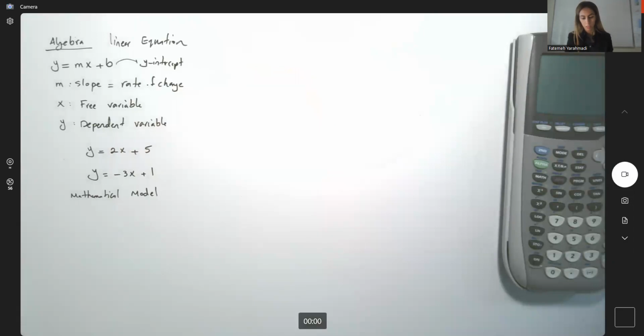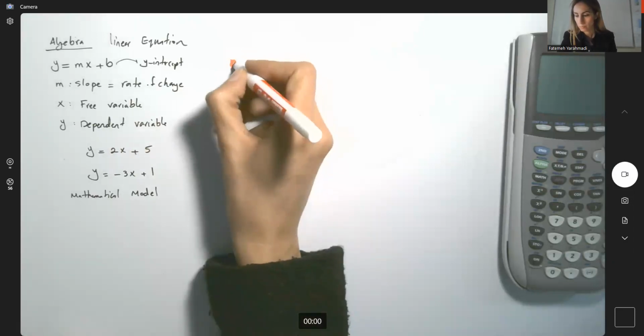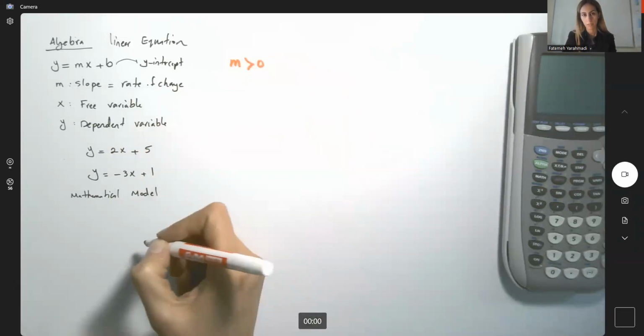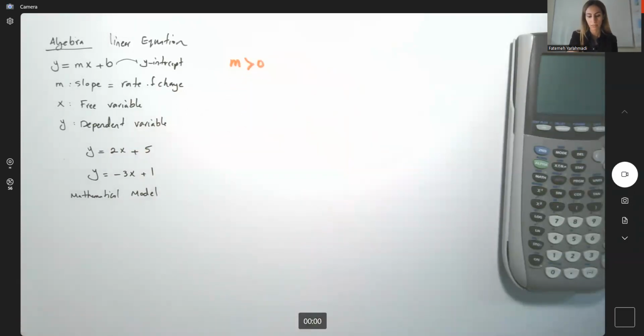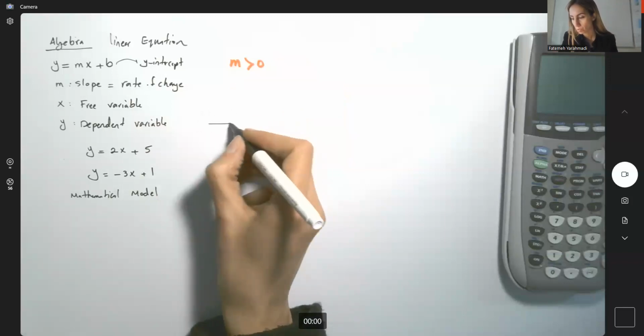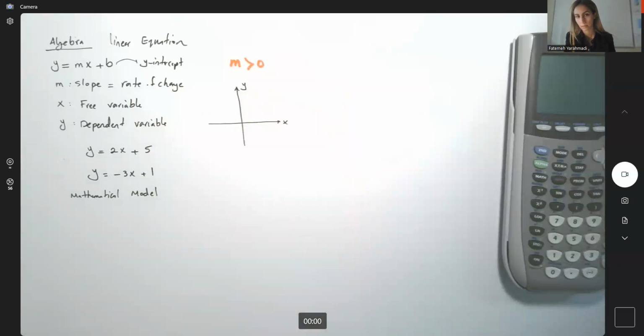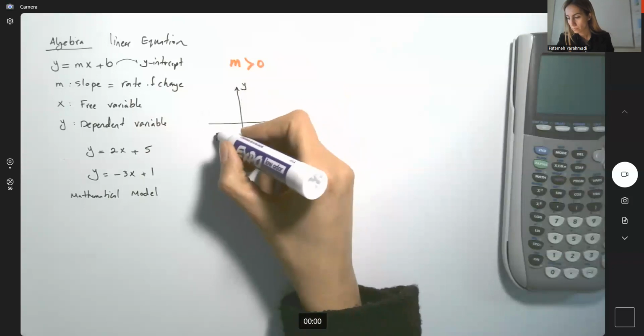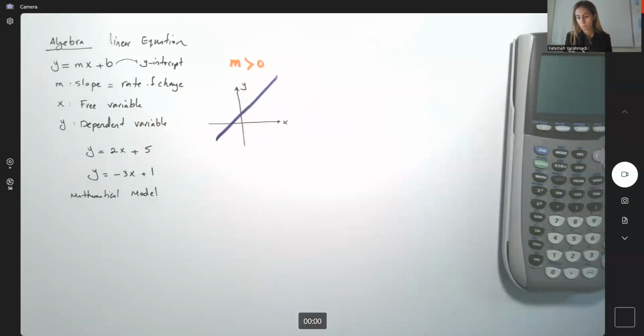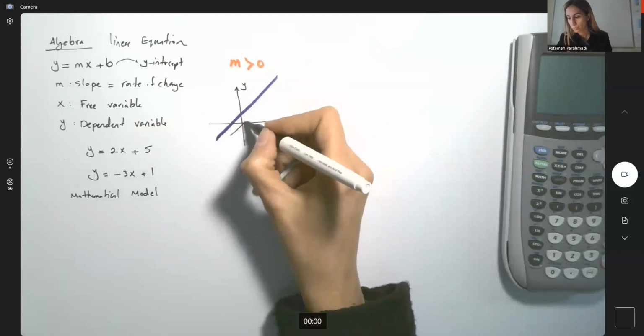For example, we saw that if m, the slope, is positive, then we expect to see an increasing graph. So here you have your x-axis, and here you have your y-axis, right? The graph behaves like this. The graph goes up from left to right.